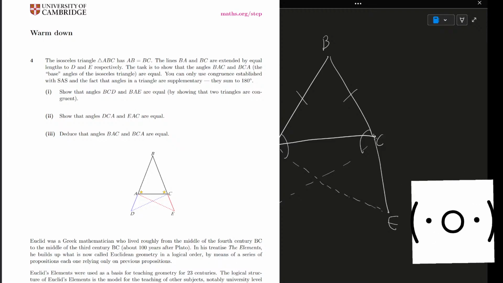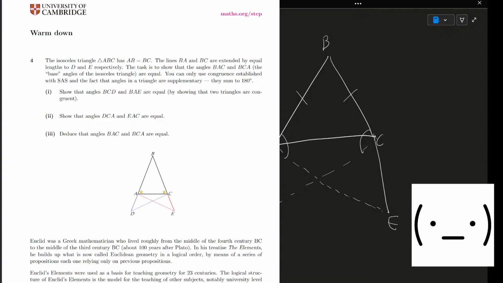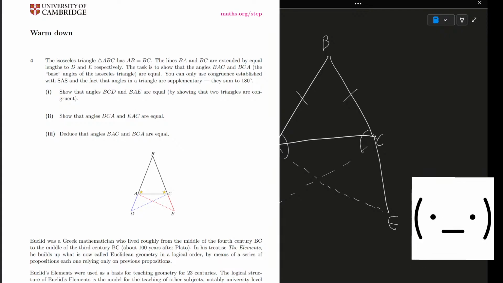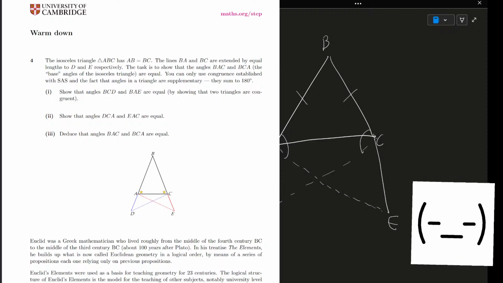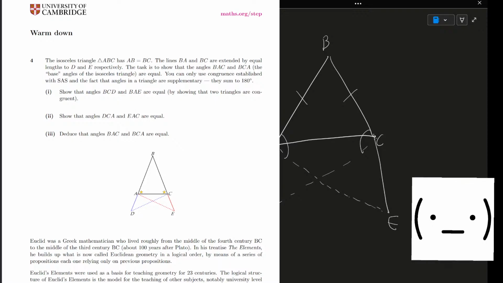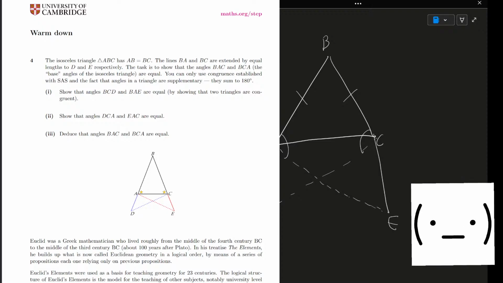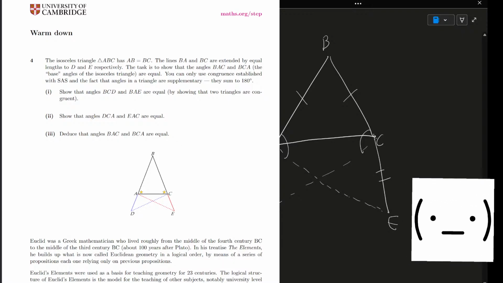And the fact that angles in a triangle are supplementary. So, we know that these are equal lengths, which is great for us.